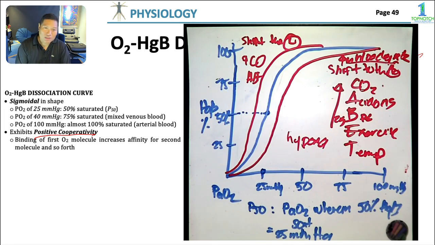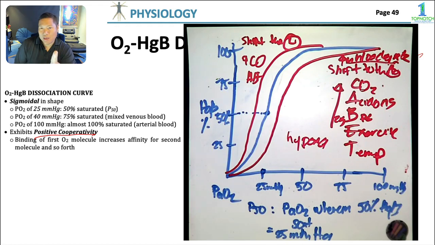Okay, you tell me whether there's a shift to the right or left. What if there is a decrease in carbon dioxide, right or left? So that is left. Okay, an increase in carbon dioxide, right or left? Right. An increase in carbon monoxide, left. Okay. An increase in plasma pH.